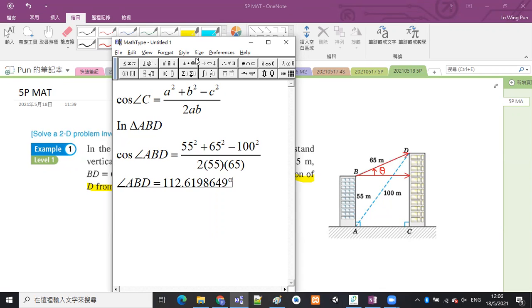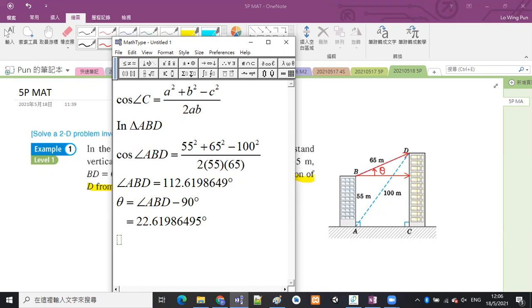102.61989649 degrees. Okay? And then the required angle, theta, will be equal to angle ABD minus 90 degrees. Okay? And that should be equal to my answer, minus 90. That should be 22.61986495 degrees.